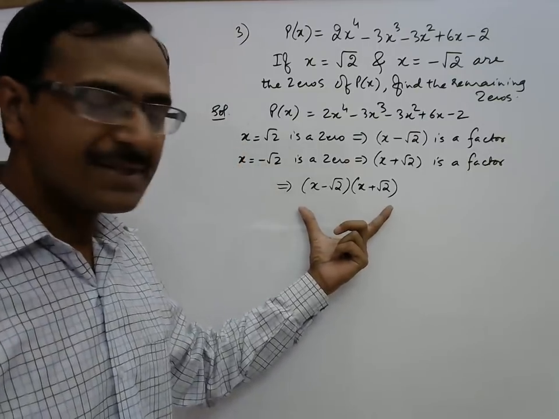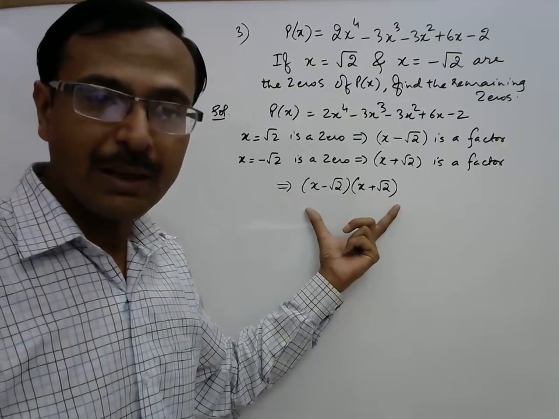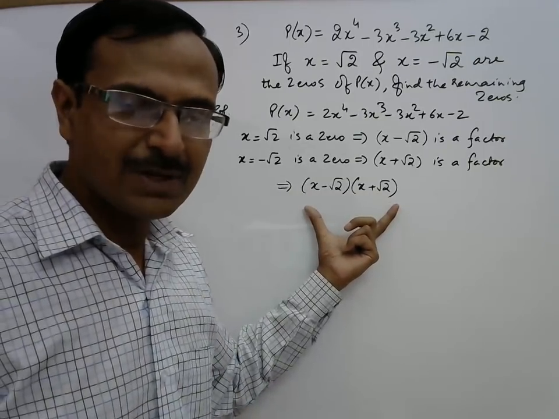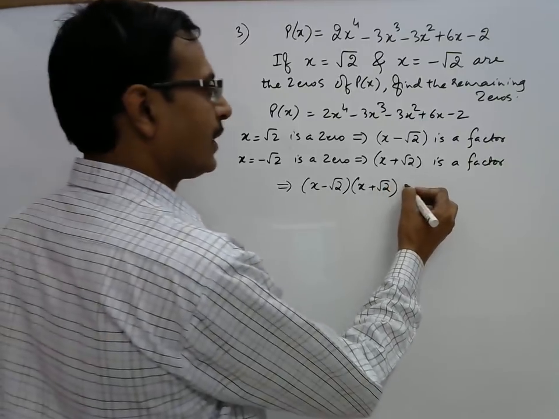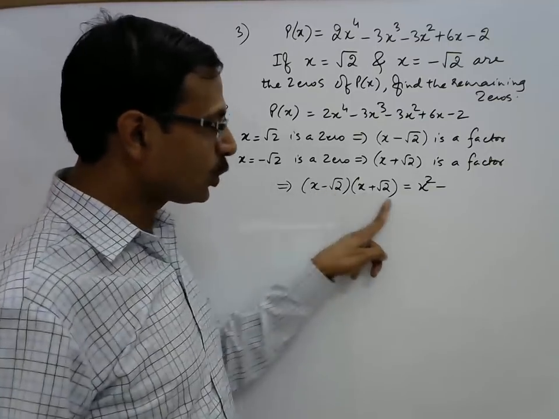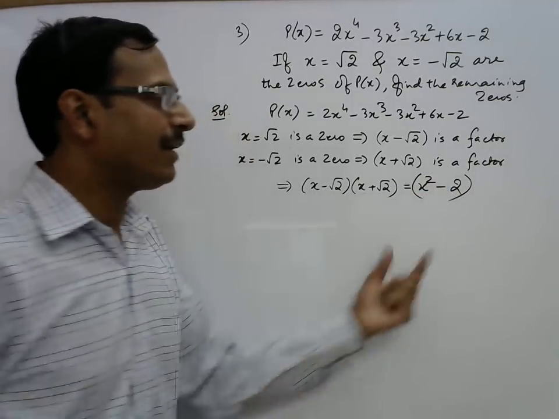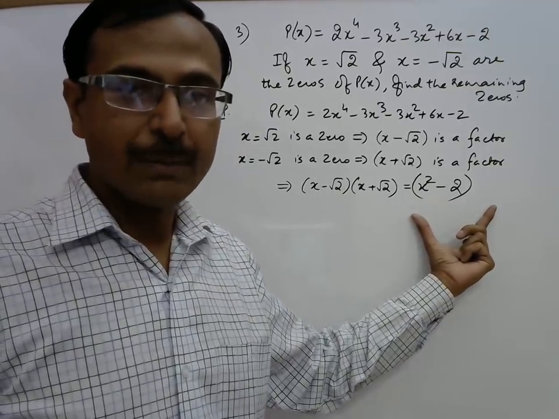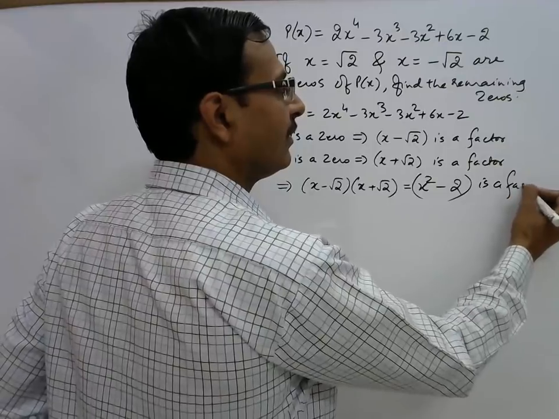So, if you multiply this now, someone just now commented, we will be using a minus b into a plus b. So, what is a minus b into a plus b? It is a square minus b square. So, x square minus root 2 square. Now, what is root 2 square? It is 2. Now, we have obtained a single factor, x square minus 2 is a factor.